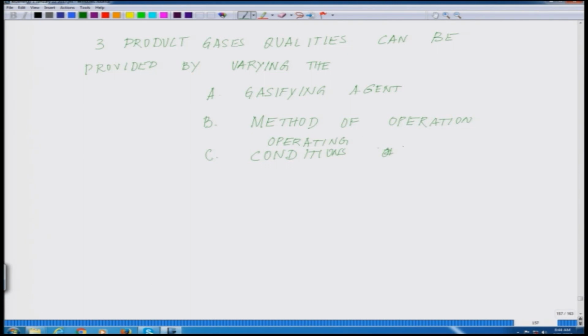Operating conditions. Now, if we talk about the gasifying agent, there are different kinds of gasifying agents we have talked about. We have talked about air, oxygen, steam, and we have also talked about hydrogenation, where you are giving hydrogen. In other words, you are reducing the product. Okay.